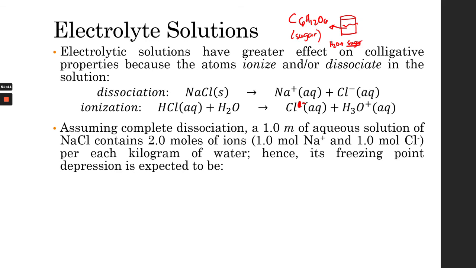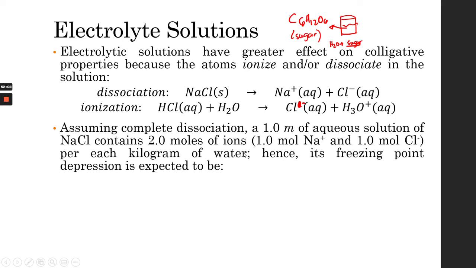Assuming na complete dissociation, yung 1 molar of aqueous solution of NaCl actually contains not 1 mole but 2 moles of ions. 1 mole for Na cation and 1 mole for your chloride anion. Unlike sa sugar mo, kung may 1 mole of sugar ka, 1 mole pa din yung nasa loob ng solution mo.